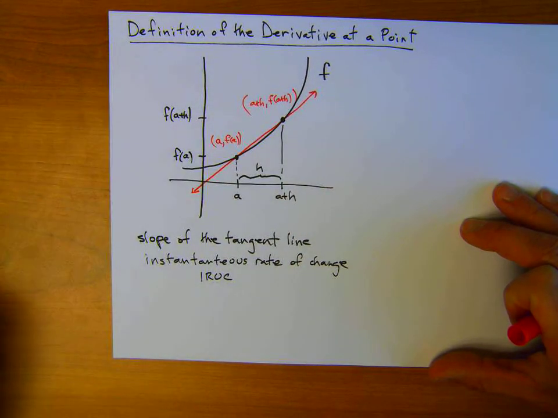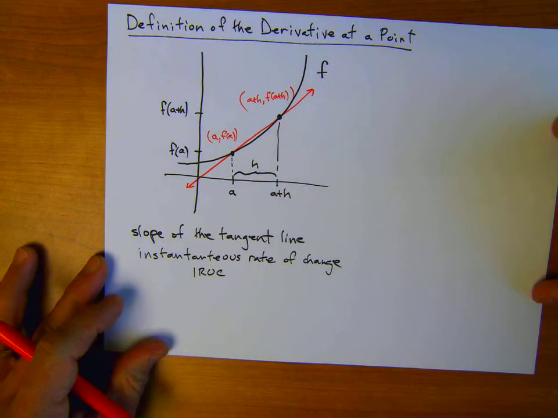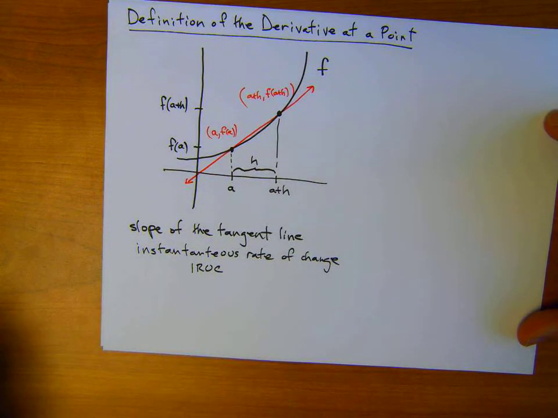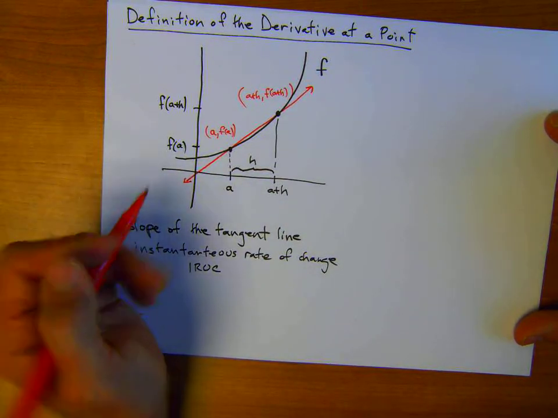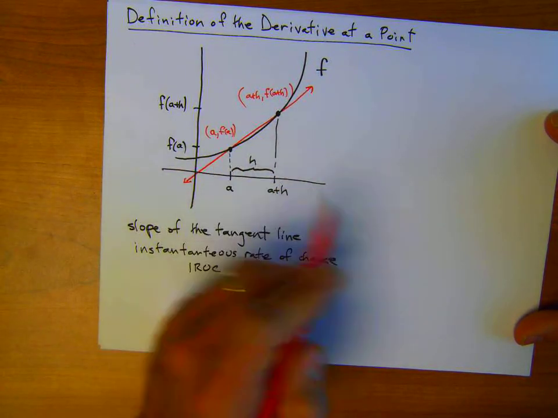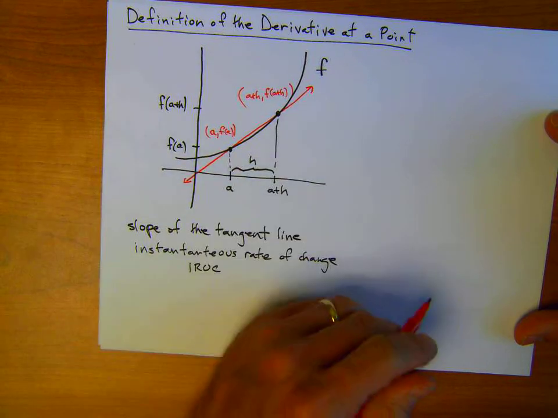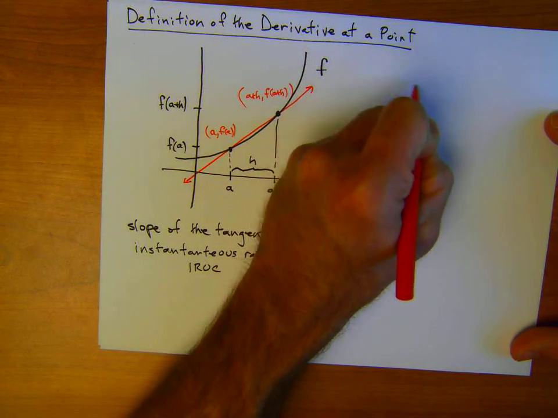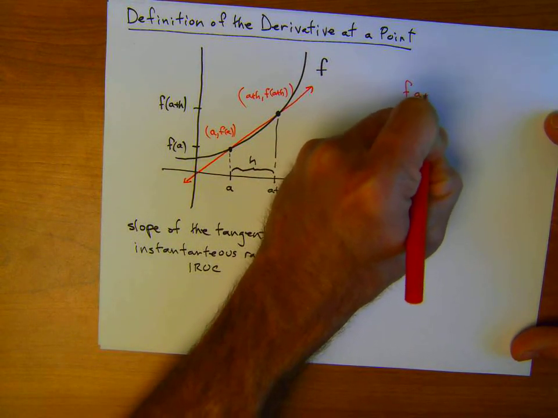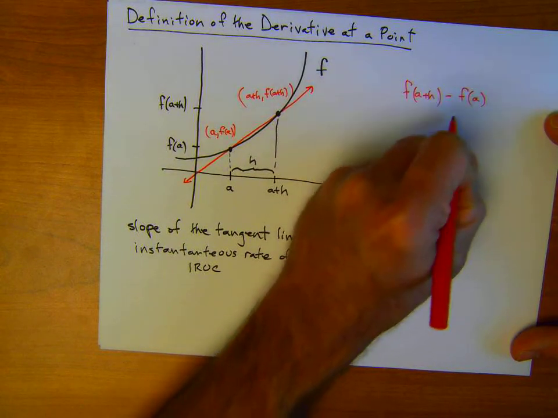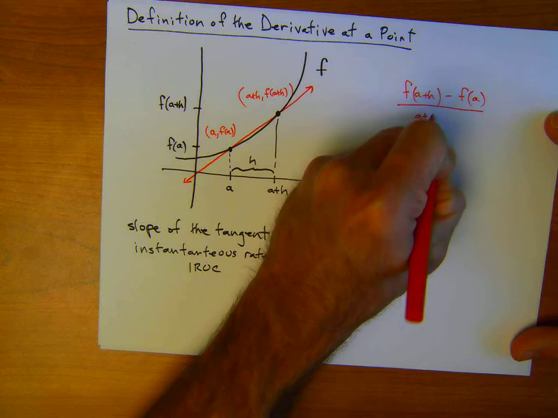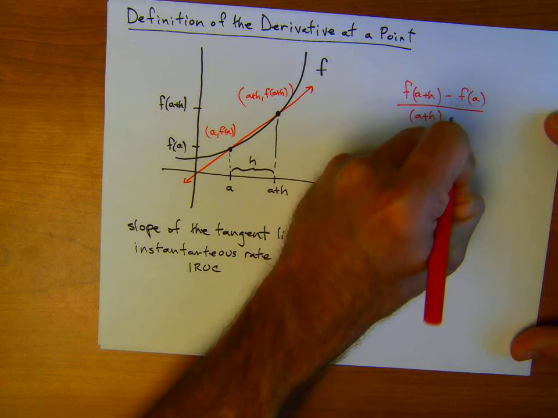So we can determine the slope of the secant line here. The slope of any line is the difference in y over the difference in x, rise over run, however you want to think of it. That would give us f of a plus h minus f of a, over a plus h minus a.